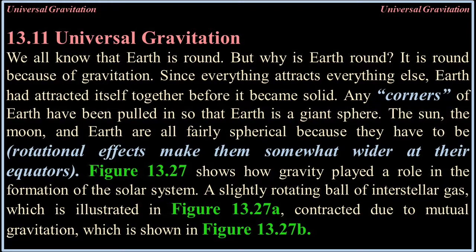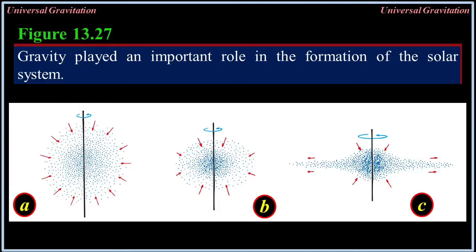The sun, the moon, the Earth are all fairly spherical because they have to be; rotational effects make them somewhat wider at their equators. Figure 13.27 shows how gravity played a role in the formation of the solar system.